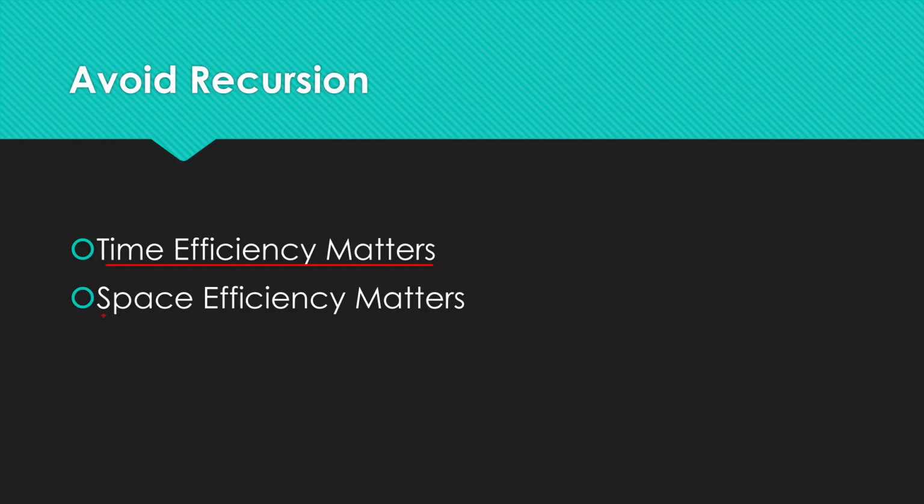Also, when you want space efficiency, we've seen that recursion uses more memory. Therefore, for example, if you're implementing IoT solutions on Arduino boards or any other boards, they have limited memory, so you'll want to use iteration instead of recursion.